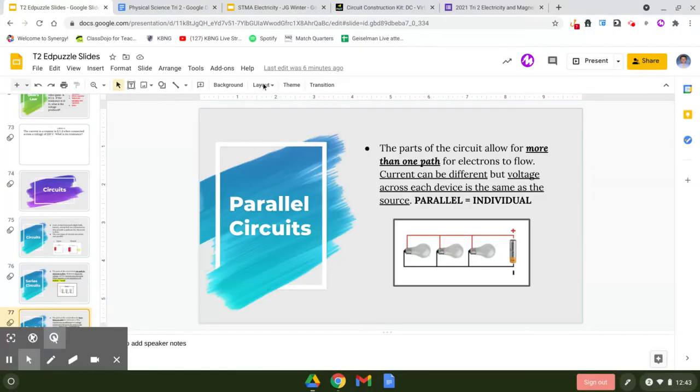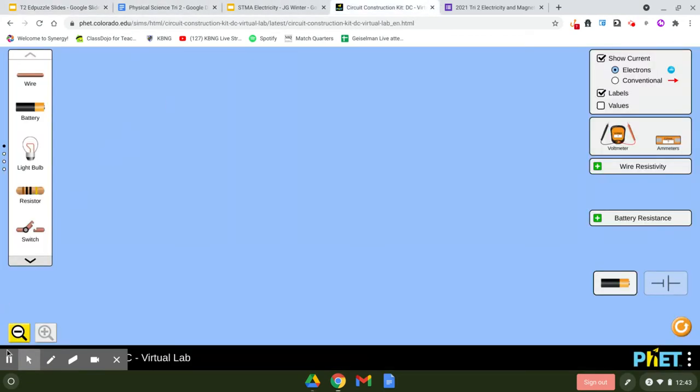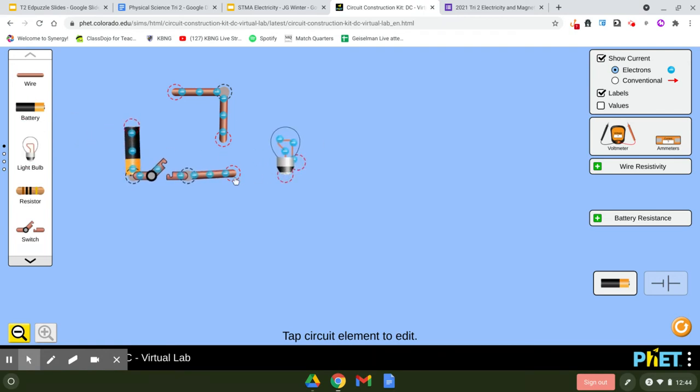So let's take a look at some examples of pathways. If we look at a series circuit, a series circuit is going to consist of some sort of resistor, in this case a light bulb, some sort of conductive wire that's going to allow the electrons to flow, and a voltage source, the battery.